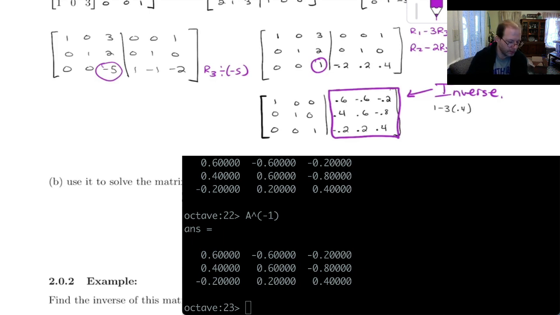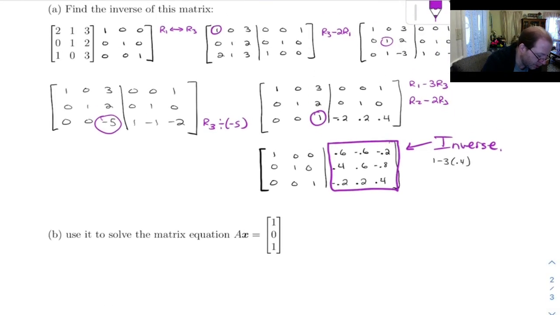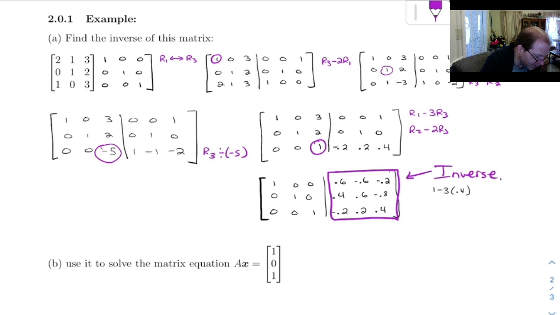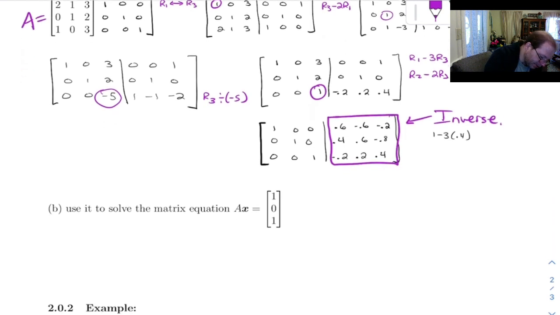There was a second part to this problem. Let's go back and look at it. Use it to solve the matrix equation AX equals that. I guess this matrix was supposed to be called A. Okay, so here's the deal.